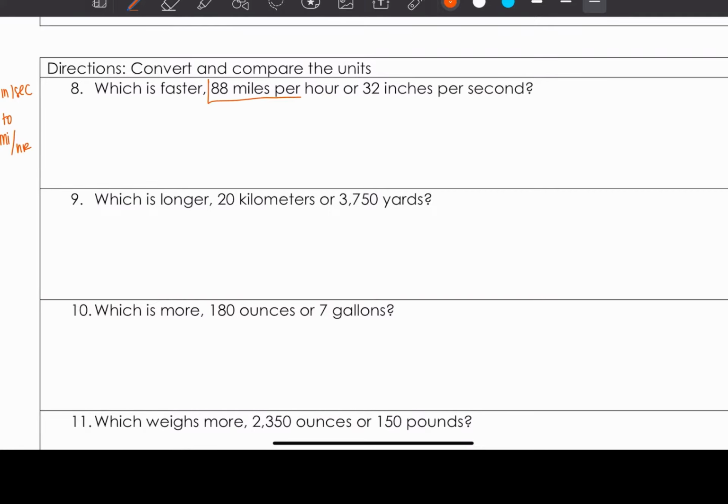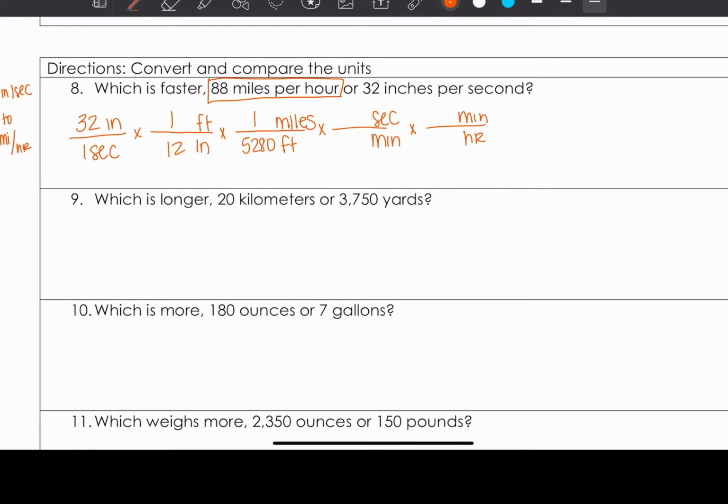So we're going to keep our miles per hour, and we're going to change 32 inches per second into miles per hour. Inches is on the top. To get rid of it, we put it on the bottom. Change it to feet. And then we're going to change our feet to miles. We have to do the same thing with time. We're going to change seconds to minutes, and then minutes to hours. 1 foot is 12 inches, 1 mile is 5,280 feet, 60 seconds is 1 minute, and 60 minutes is 1 hour.